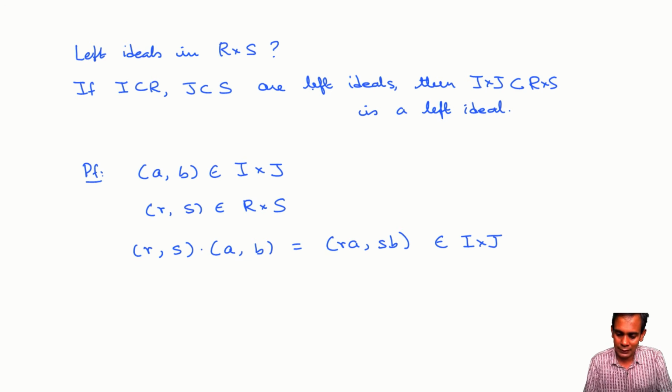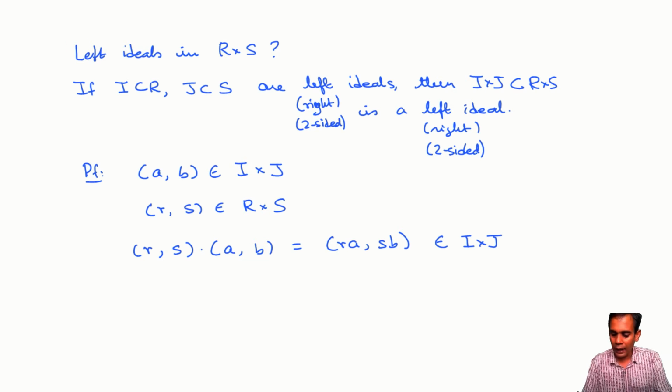Now you can replace this left here also by right or by two-sided, and it works exactly the same way. And here it will be a right ideal or a two-sided ideal.